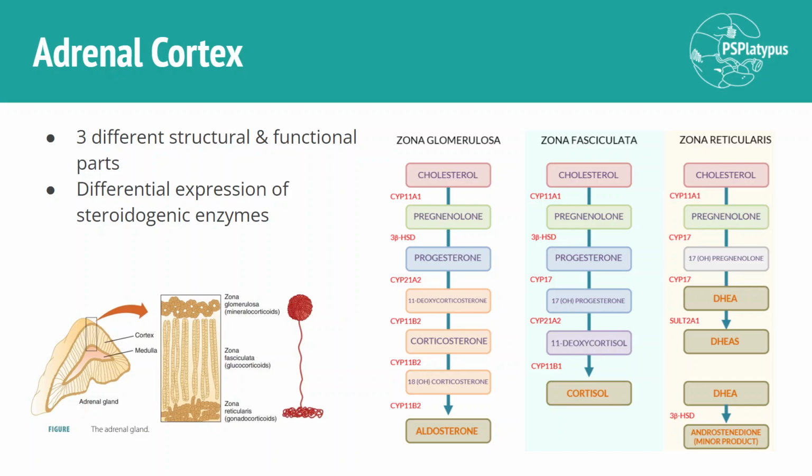They all produce stuff using cholesterol, but because they have different enzymes in different proportions in these zones, they end up producing different things. So you can note that the first enzyme in this stepwise process is actually the same, but the other enzymes are all different. So the differential expression of these steroidogenic enzymes is what makes the adrenal cortex unique in this way.